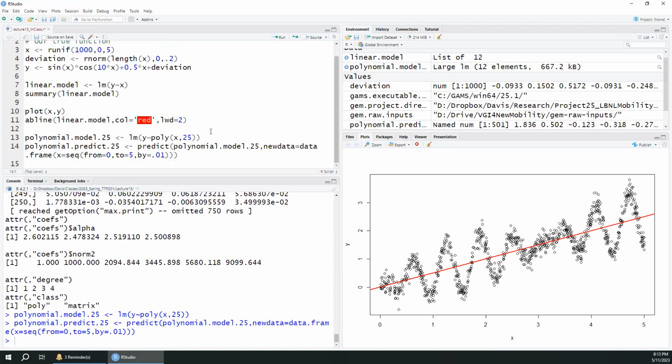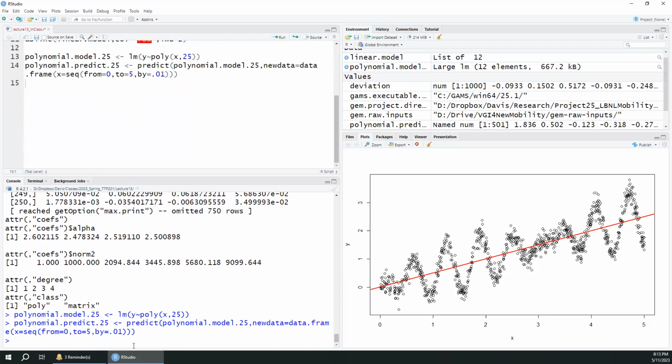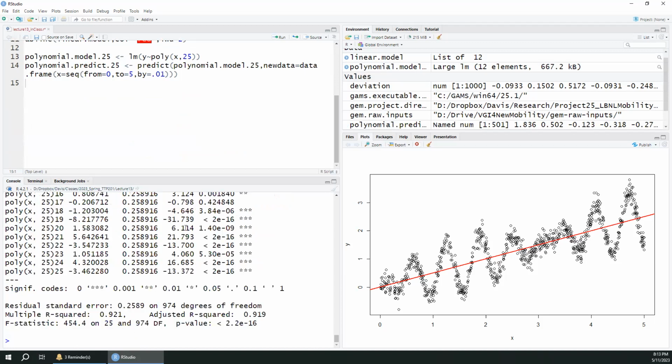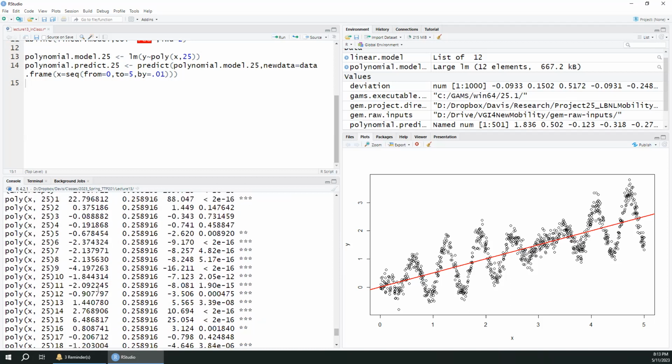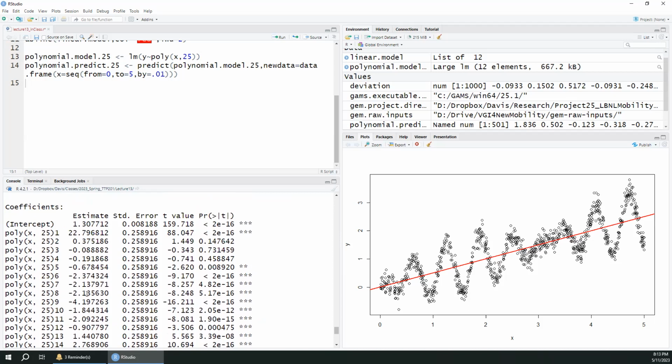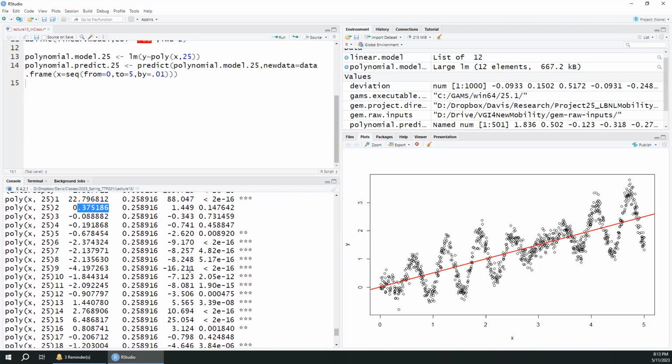So run this, and see what happens in the summary. You actually get a whole bunch of terms, right? Now you have coefficients related to each of the x's, but it's kind of like when I was saying you lose some of the interpretability, right? In this case, you're basically saying, as x squared changes by 1 unit, the estimate changes by some amount. So it becomes very hard to think about an individual level effect because it's the aggregate of all of these polynomial terms.